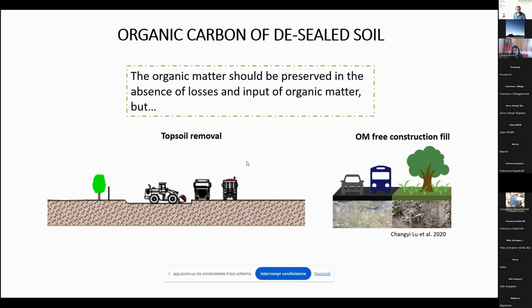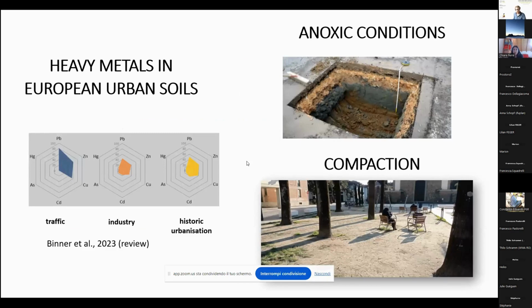So usually under the sealing layer, the soils are poor in organic carbon. And urban soil may present contamination of heavy metals of anthropogenic origin, may have anoxic conditions, and can be compacted.